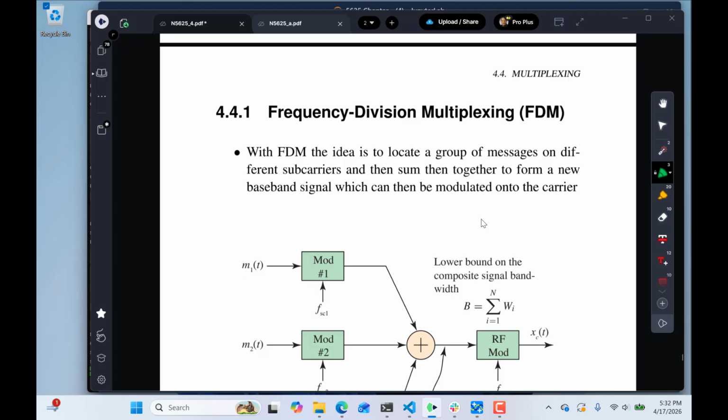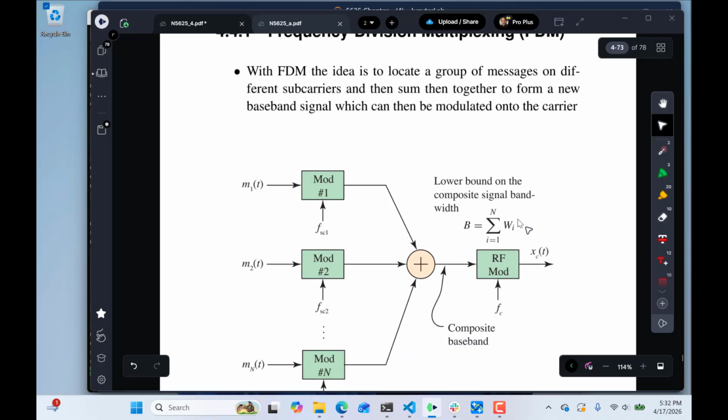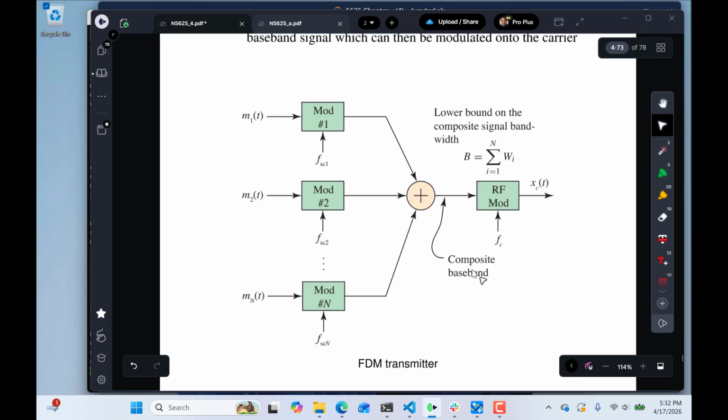FDM has been around a long time, and it's used everywhere. It's used in cellular telephony, in satellite communications, and in commercial broadcasting. The idea with FDM is we're going to locate a group of messages on different subcarriers and then sum them together to form a baseband signal, and then modulate that onto one single carrier. So this is the block diagram.